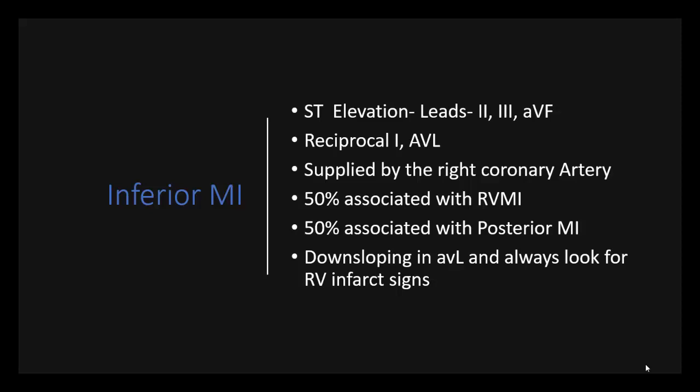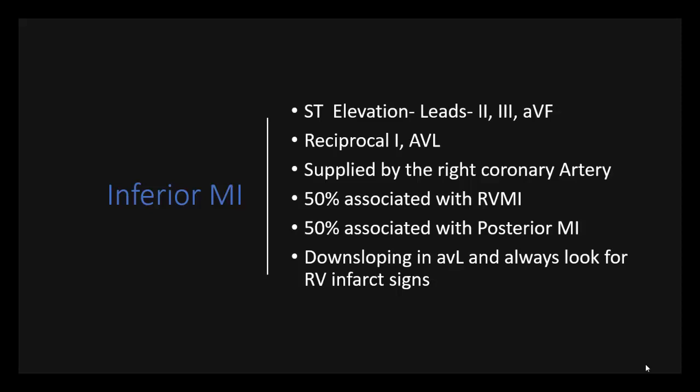Now, what we can do is if we notice inferior MI, then we want to go ahead and get a right-sided ECG so that we can indicate if there is right-sided involvement. Because if we see that there is indication of right-sided involvement, then we certainly do not want to give nitrates. Nitrates are contraindicated in right ventricular MI.